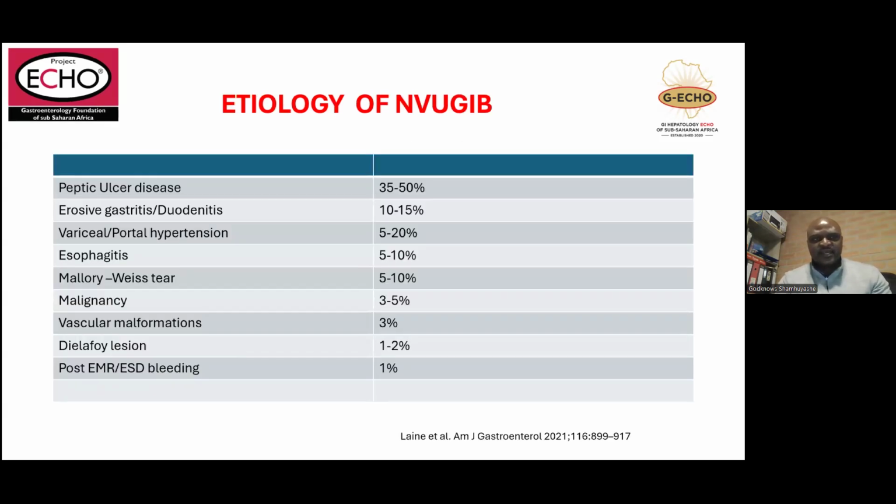In terms of the frequency of causing upper GI bleeding, peptic ulcer disease is the most prevalent, at 35 to 50% of all upper GI bleeding. Then erosive gastritis and variceal bleeding are common in about 5 to 20% of patients. Then we also have the other etiologies I mentioned earlier.